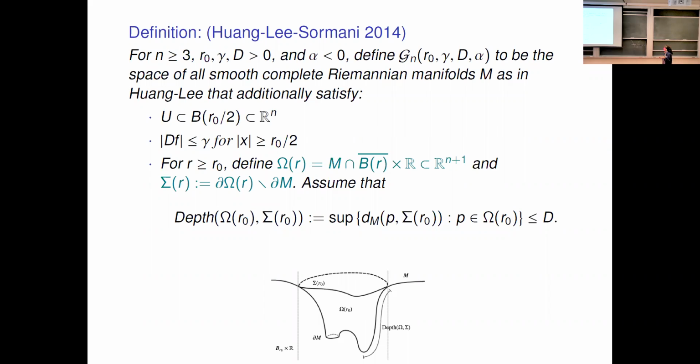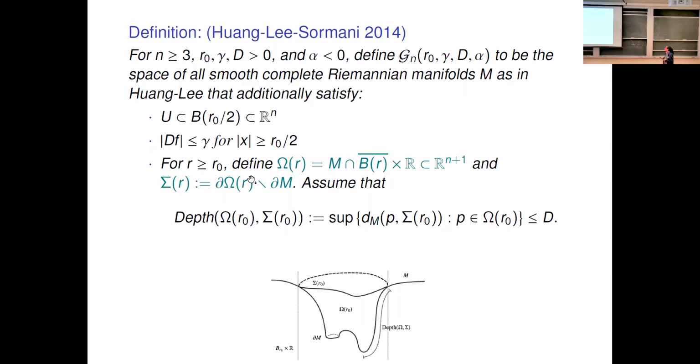So the conditions that we impose are these three extra conditions. The first condition is that the set U that we removed from Euclidean space, the part that corresponds to here below, should be contained in a ball of fixed radius R0 divided by 2.